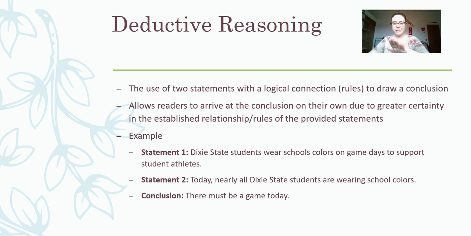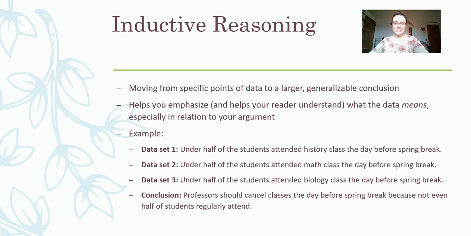If we really quickly go back to inductive reasoning, we saw how we can draw a number of conclusions. Yes, the data sets demonstrate some kind of pattern, and that pattern is students do not attend class the day before spring break, so that Friday before.